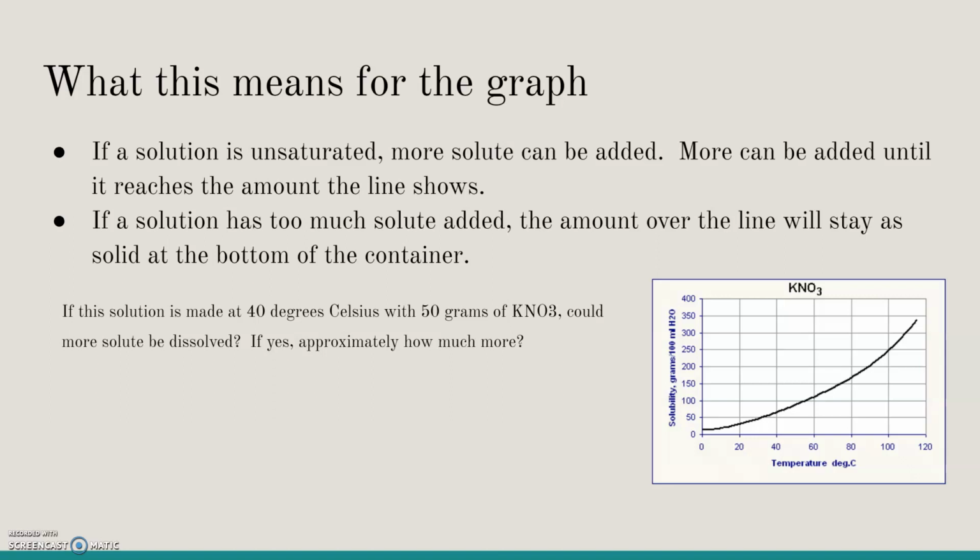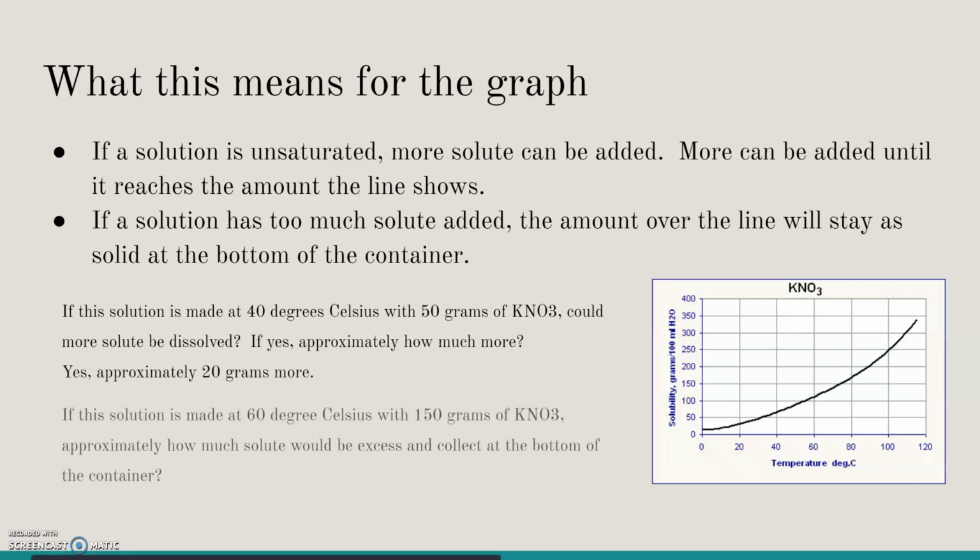If yes, approximately how much more? Remember, temperature is on the x-axis and the grams of KNO3 are on the y-axis. Yes, approximately 20 grams or more can be added before it's saturated.